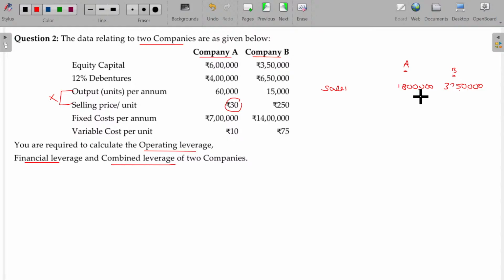Yes. From that we have to subtract what? Variable cost. Variable cost per unit is this much. So you have to multiply these two to find out the total variable cost. 6 lakhs, and 15 into 75, 11 lakhs 25,000.